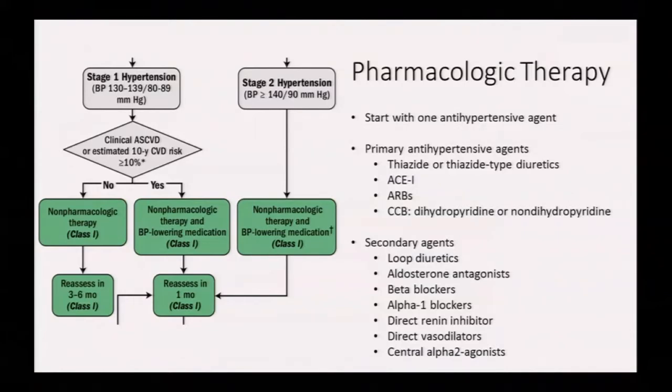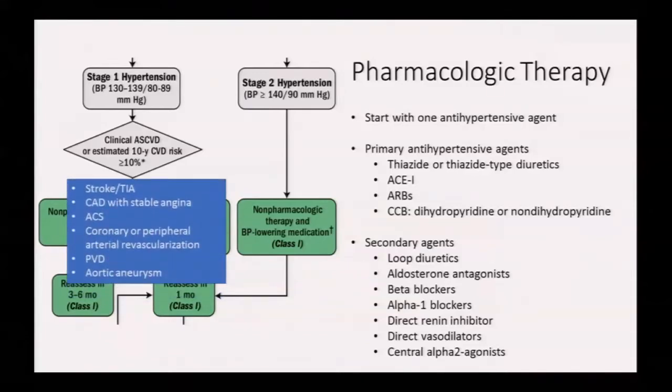When we talk about clinical ASCVD, we essentially look for any history of stroke, TIA, coronary artery disease with stable angina, acute coronary syndrome, revascularization either of the coronaries or peripheral arteries, peripheral vascular disease, aortic aneurysm.